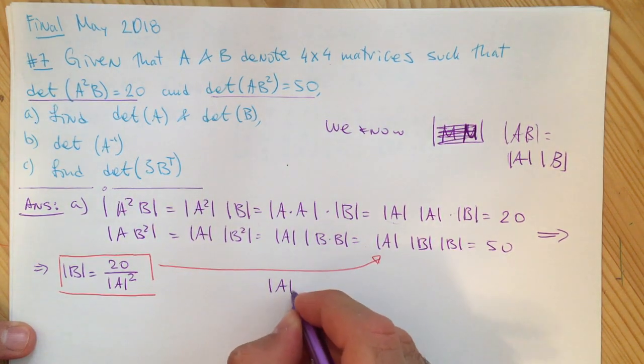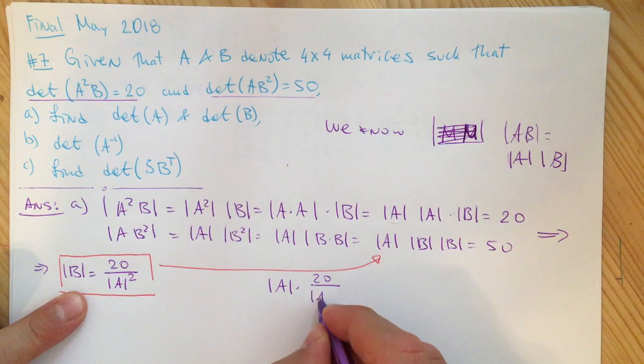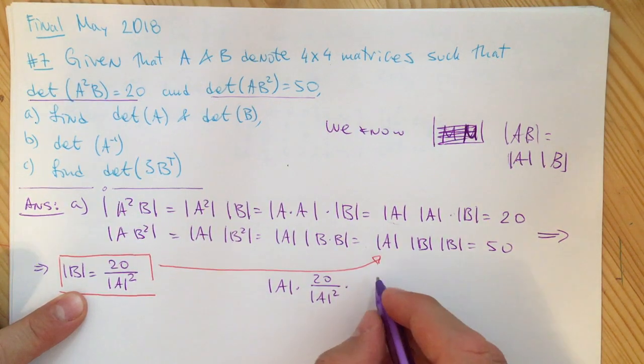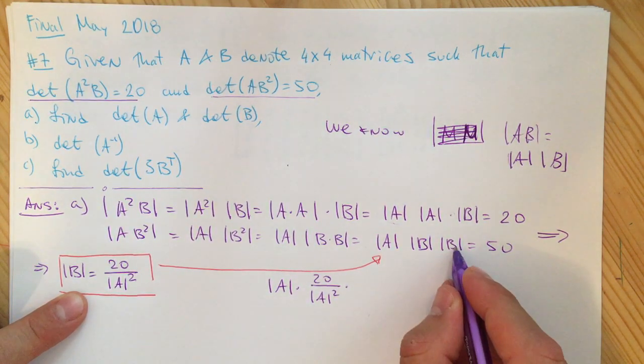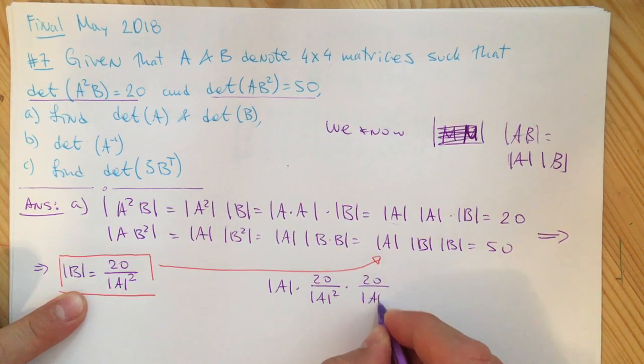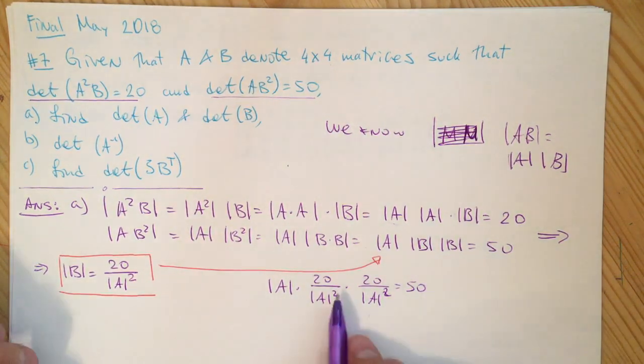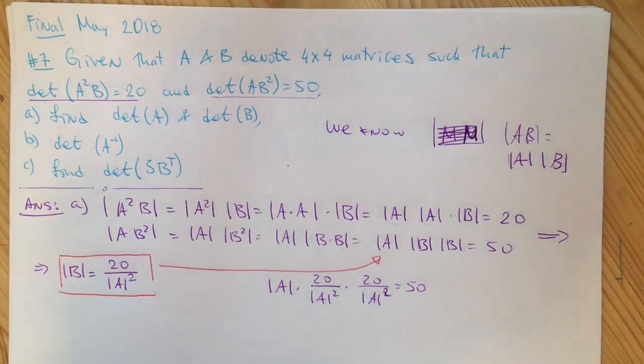The determinant of A times the determinant of B is 20 over the determinant of A squared times the determinant of B, again 20 over the determinant of A squared, and that's equal to 50. And now I have an equation in one unknown, so let's simplify this.